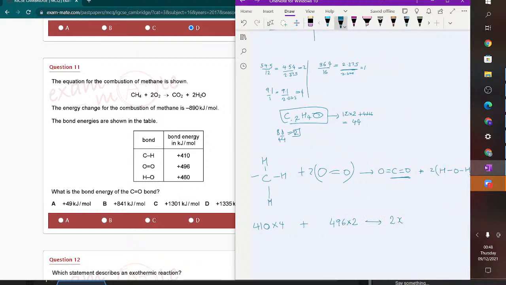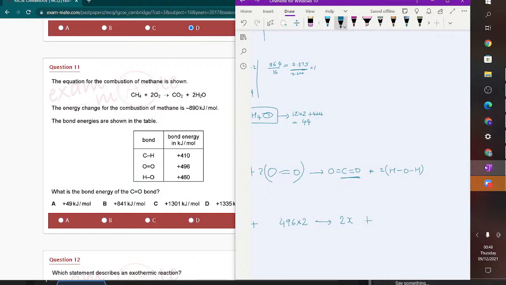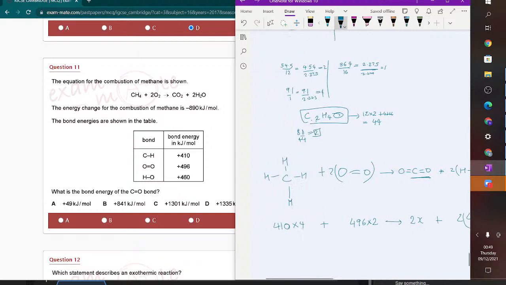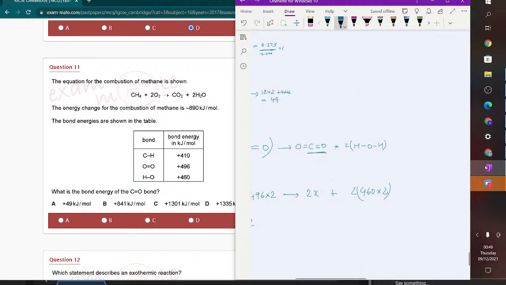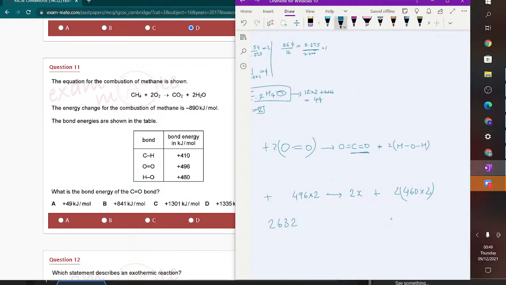Here 2x plus, here we have H-O as 460 into 2 into 2. That's 2632, and here 1840.